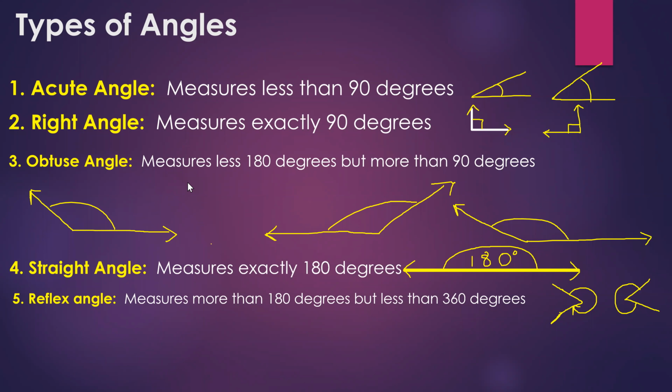How about Destiny? Yes, sir. What is an obtuse angle? An obtuse angle measures less than 180 degrees, but more than 90 degrees. Okay. Thank you. Orani, what is a straight angle?